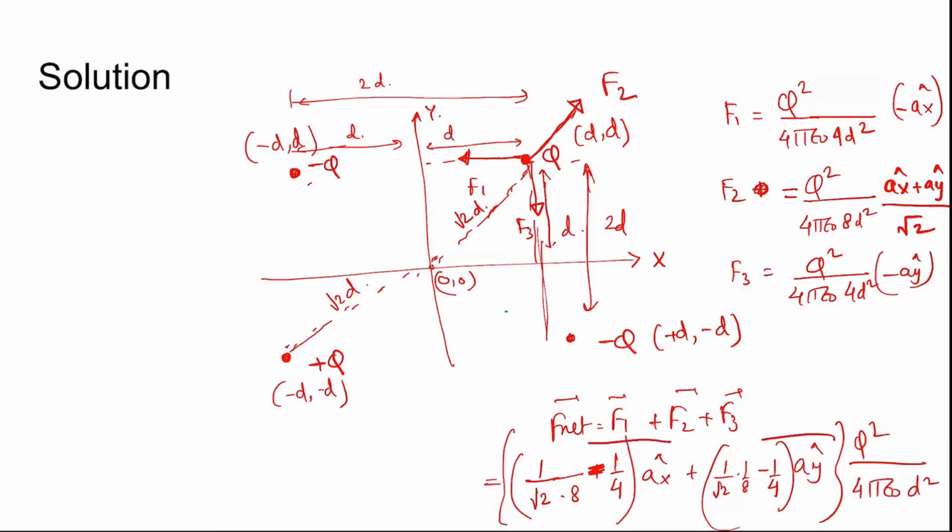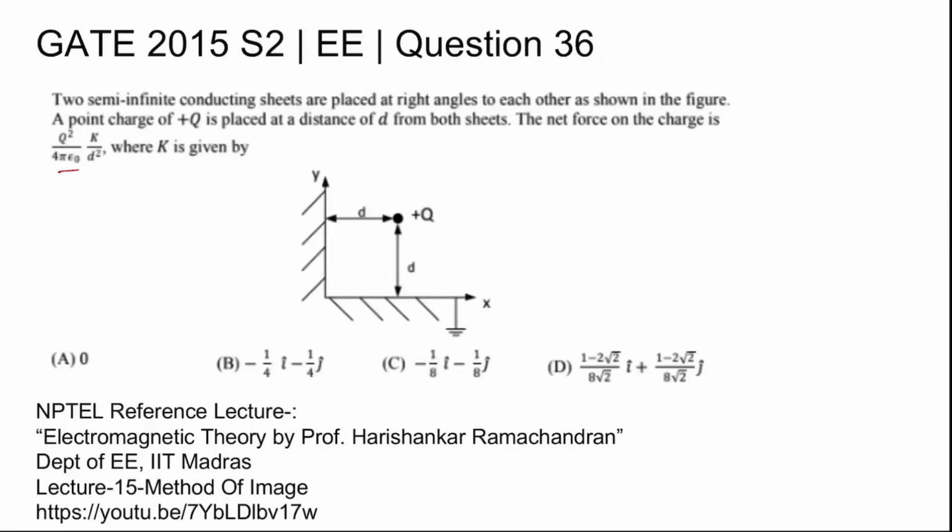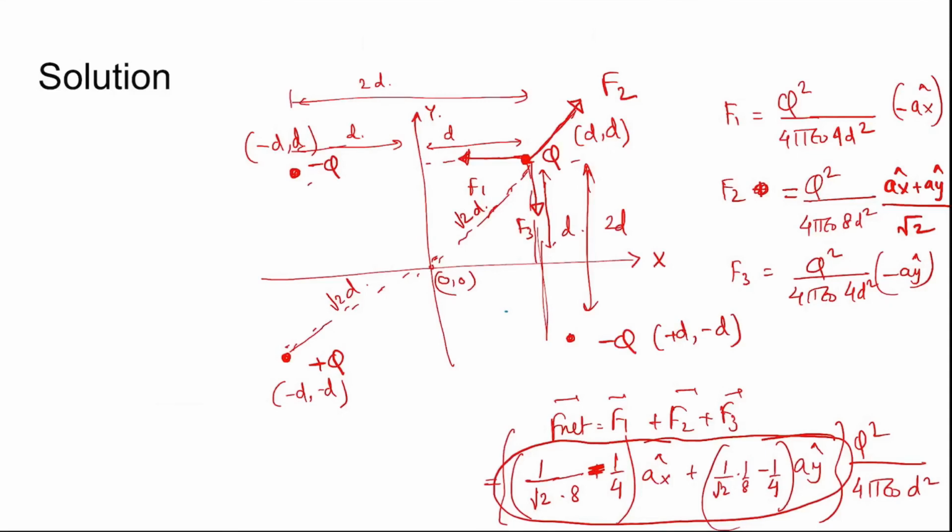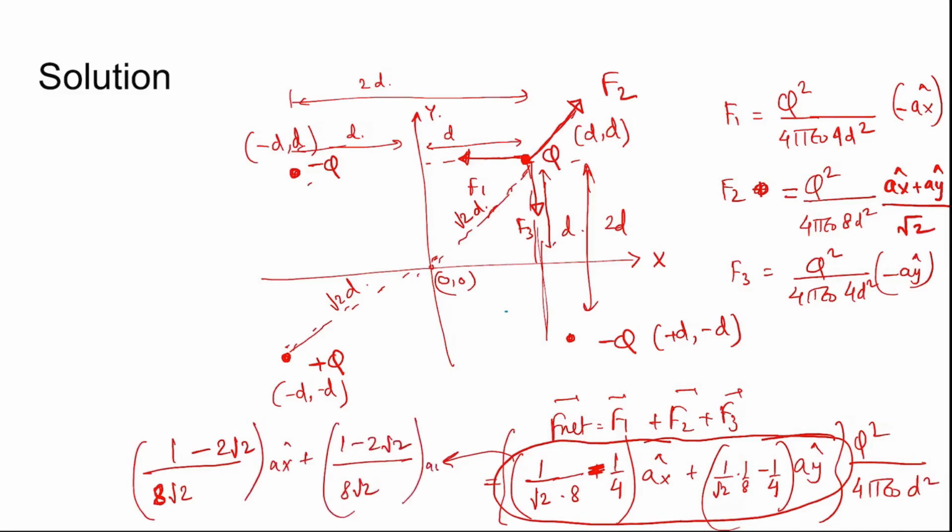So actually this is being asked in the question. This is the value of k that you need to multiply with q square by 4 pi epsilon naught d square, right? Now k value is this. This is the numerical factor. So it can be written as 1 by 8 root 2, 1 minus 2 root 2 ax hat plus 1 by 8 root 2, 1 minus 2 root 2 ay hat.